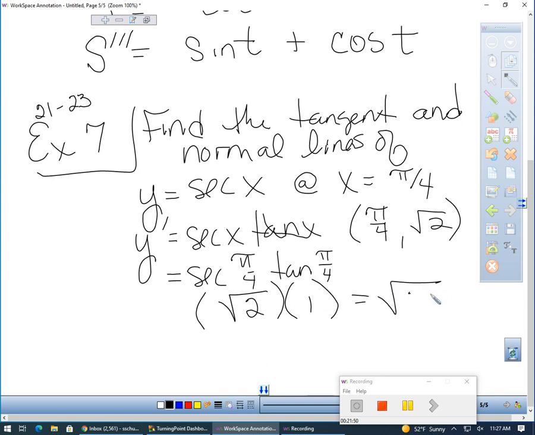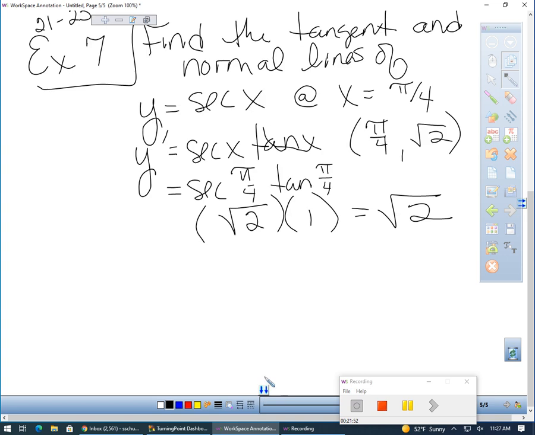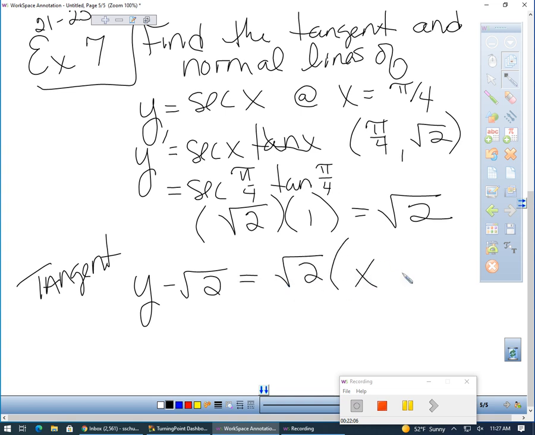All right, so now we have a slope and we have a point. So for our tangent line first, we have y minus root 2 equals root 2 times x minus pi over 4. We're still good? So in AP Calc, all you have to do is add that root 2 to the other side.